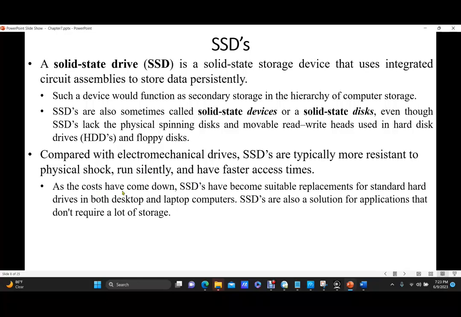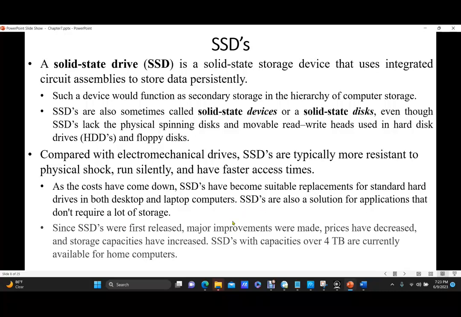Initially, they were relatively expensive, as any new technology is, but as their costs have come down, they are taking over for standard hard drives in desktops and laptops. They're also a solution for applications that don't require a great deal of storage.